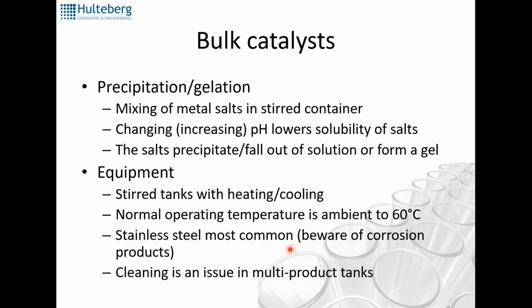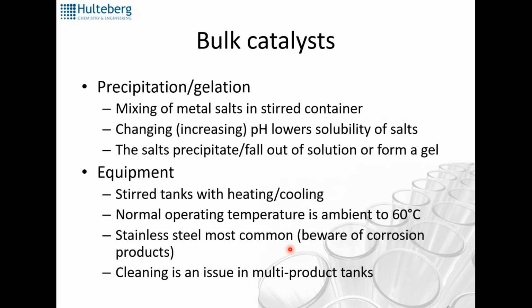The precipitation, gelation, is the first thing that happens. So we mix the metal salts that we need, the alumina, silica, and whatnot, in the desired stoichiometry or molecular ratio.